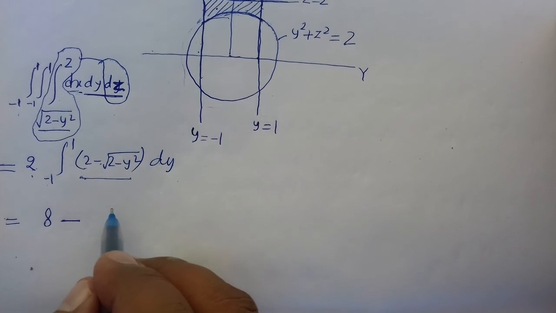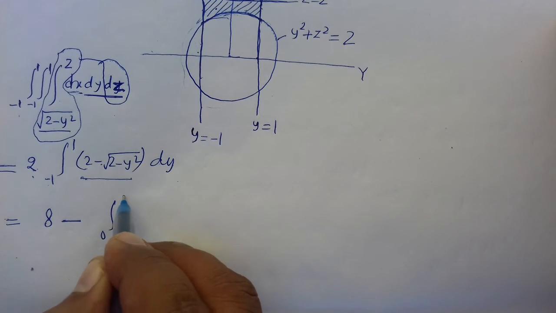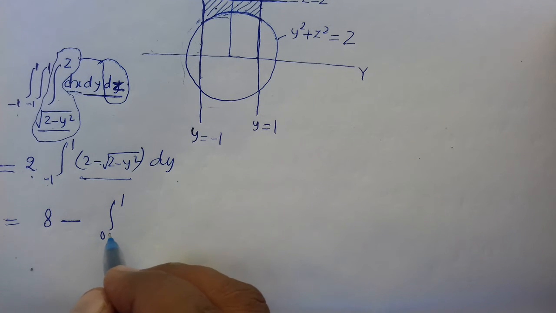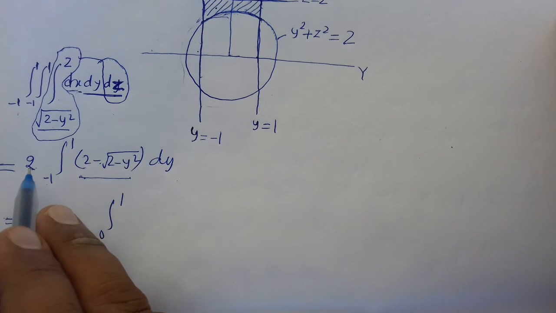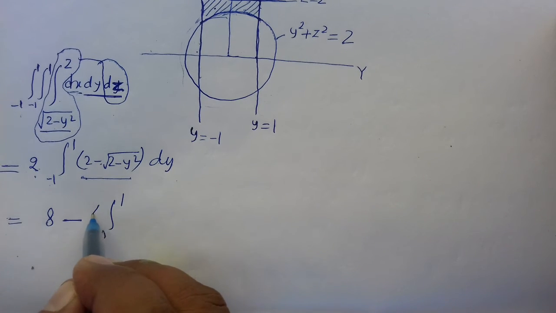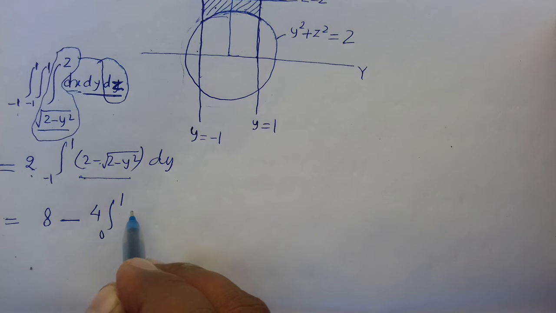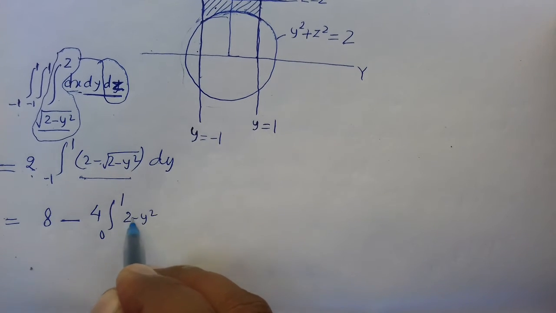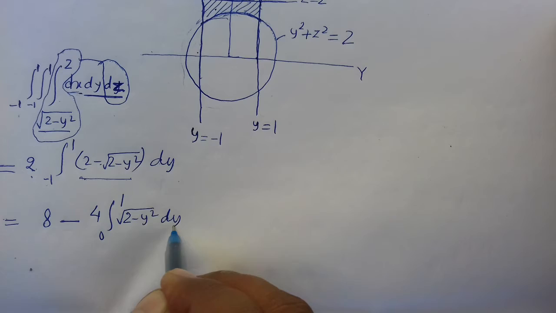So this will give you 0 to 1, and for this change you have to write 2, and 2 is already here, so here will be 4, and inside will be square root of 2 minus y square dy.